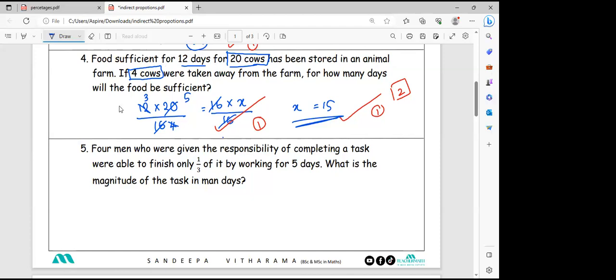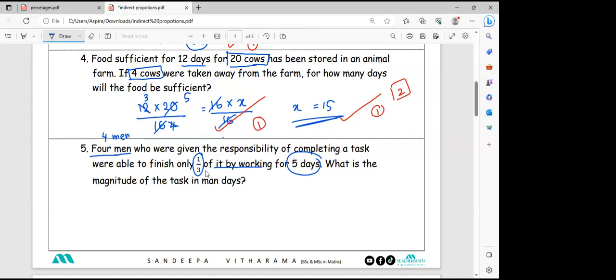That means number of men equals to 4. එතකොට මිනිස්සු 4 දෙනෙක් දවස් 5ක් තිස්සේ වැඩ කරාට එයාලා වැඩෙන් කොච්චරක්ද ඉවර කරලා තියෙන්නේ 1/3.